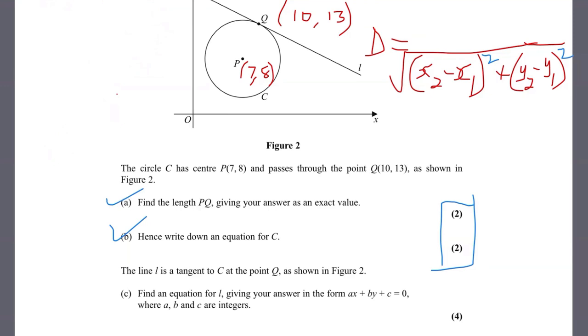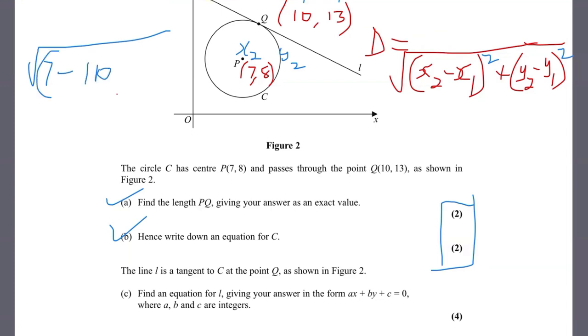So we can use any one here. We can call this the X1, Y1, and call this the X2 and the Y2. Is it okay? Yeah. So the length of your PQ, which is the radius, because from P to Q is the radius, can be written as the square root of your X2, so we say 7 minus 10 squared.